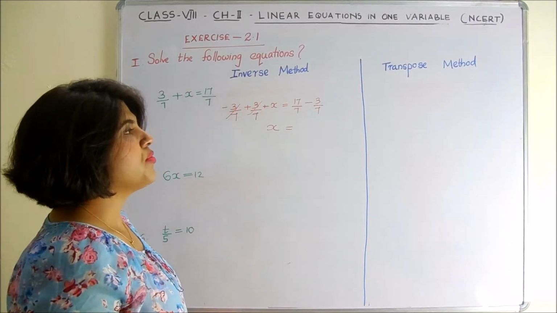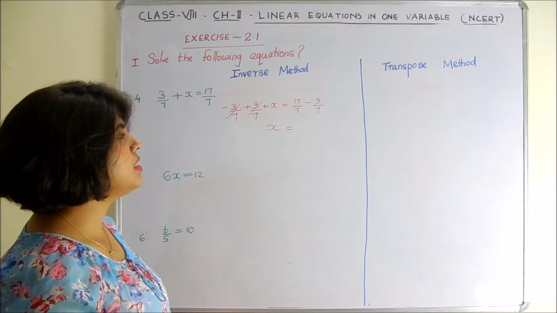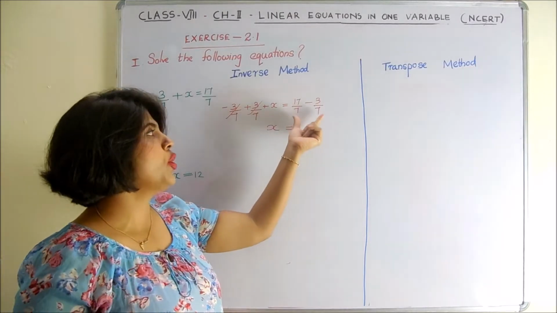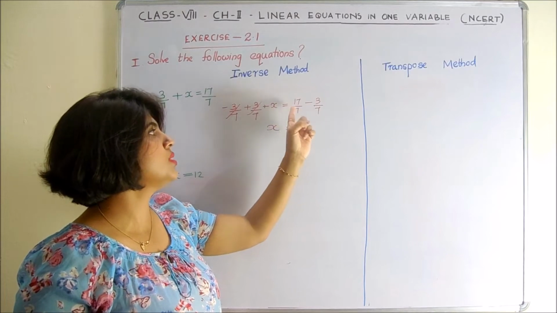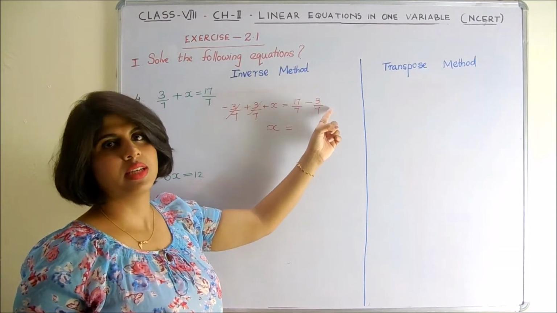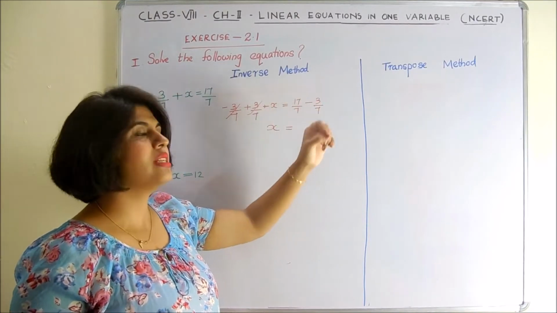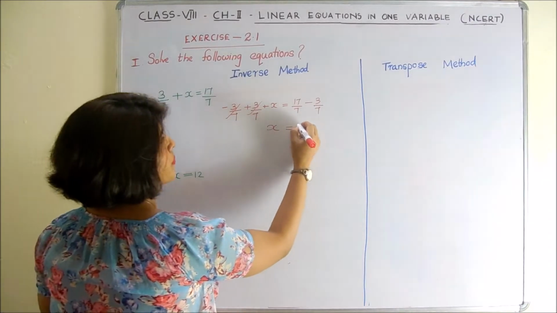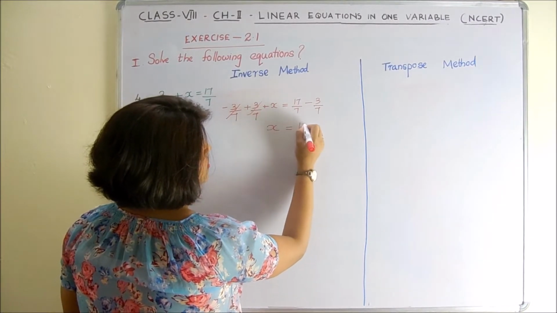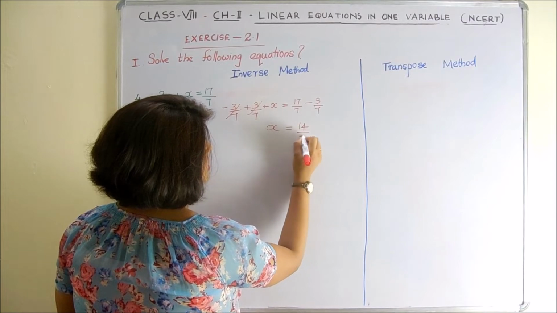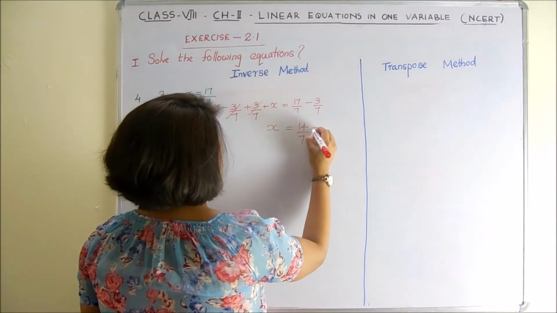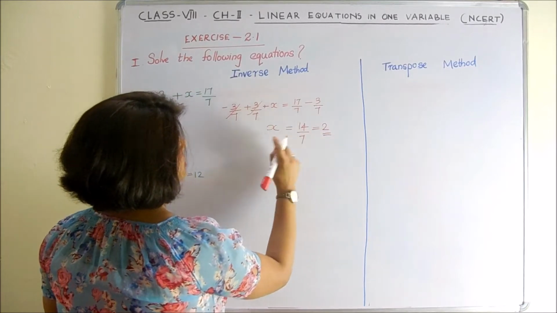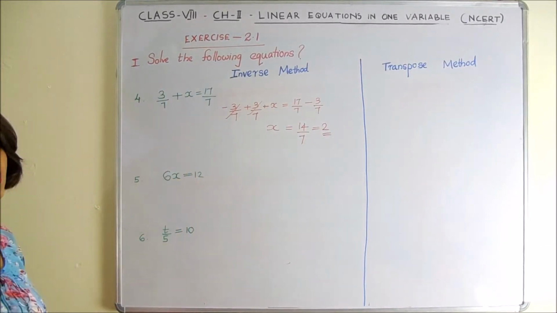This is subtraction of rational numbers, right? So here the denominator is the same, so we can directly do the subtraction in the numerator. So 17 minus 3 is 14 by 7, right? Which is equal to 2. So x equal to 2 is the solution of this equation.